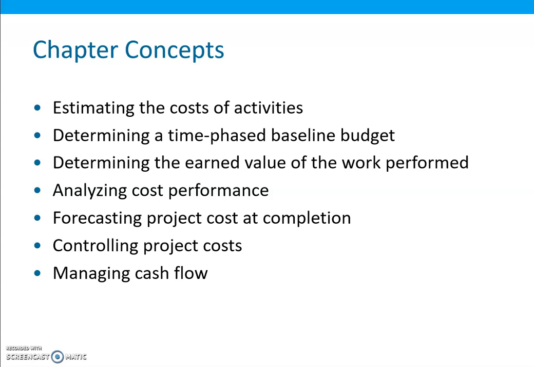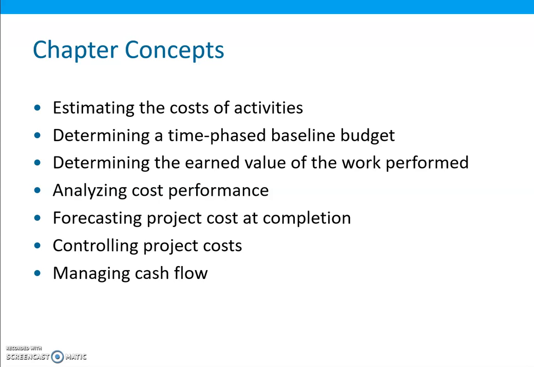So if at any time during the project it is determined that the project is overrunning the budget or the value of the work performed is not keeping up with the actual cost expended, corrective actions must be taken immediately. Once project costs get out of control, it will be very difficult to complete the project within budget. As you will see in this chapter, the key to effective cost control is to analyze cost performance on a timely and regular basis.